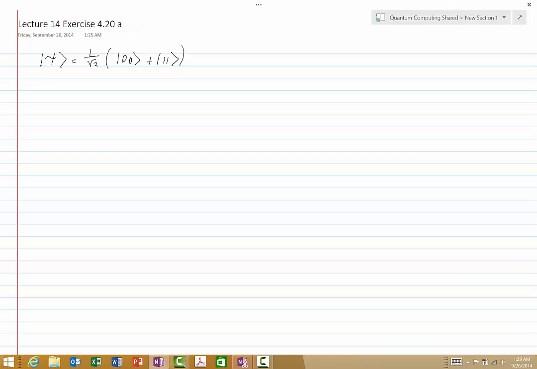So let's say basis for measurement of the first qubit and then basis for measurement of the second qubit.